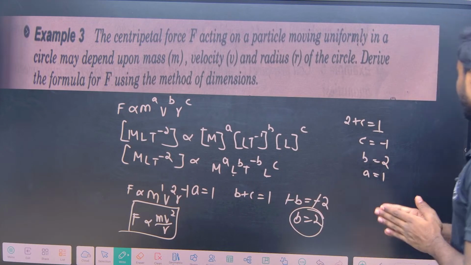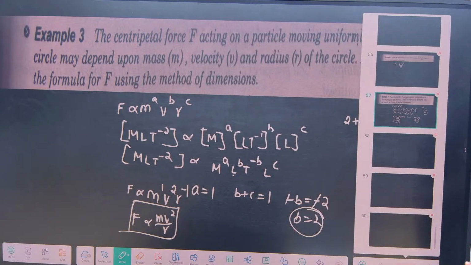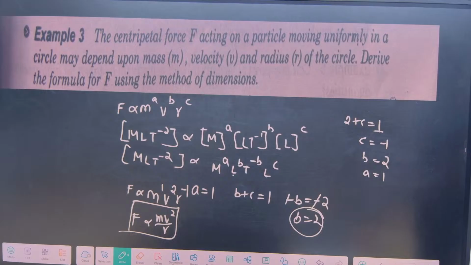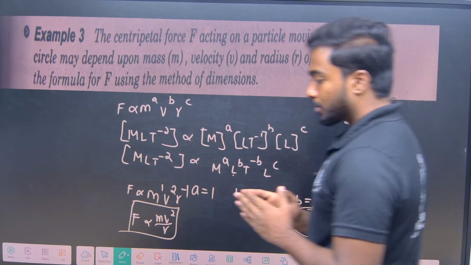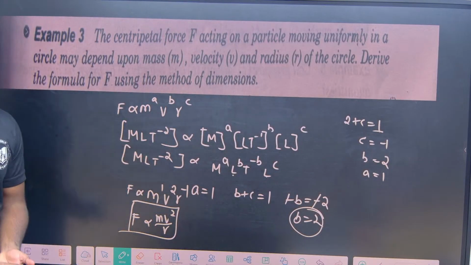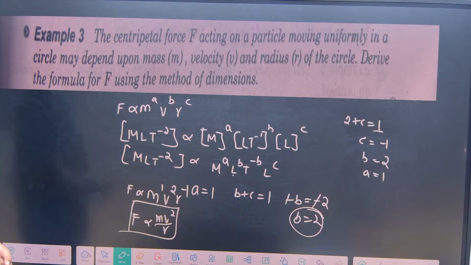I hope you got clarity about this. You can take a note of this question, and the previous question was a homework question. Before starting the next class, we will do the homework question and then start the class. You can take a note of this, guys, first.